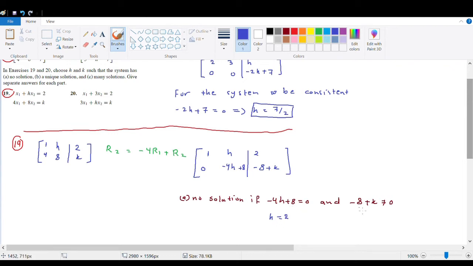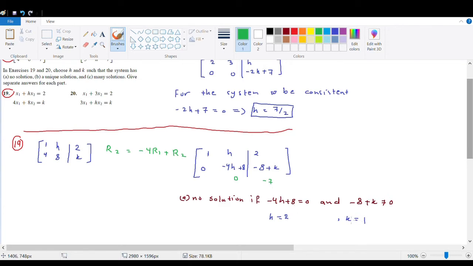And minus 8 plus k is not equal to 0, choose any value for k, for example, k is equal to 1. So here this one will be 0, and if k is equal to 1, that means this value is equal to minus 7. So here 0, 0, minus 7, this is in the form 0, 0, b. So our system is inconsistent if h is equal to 2 and k is equal to 1.